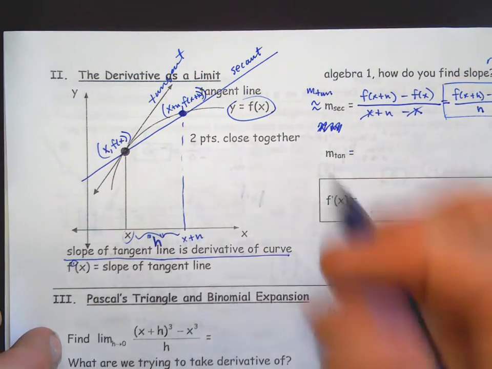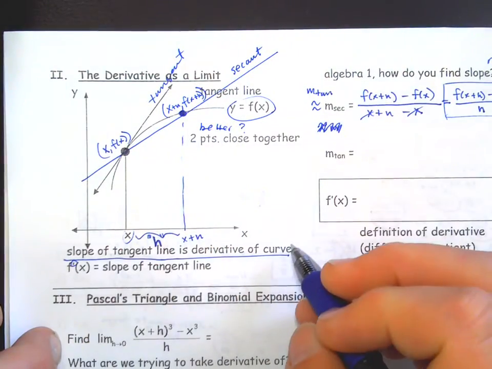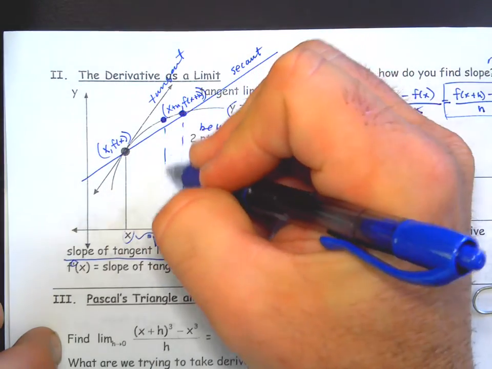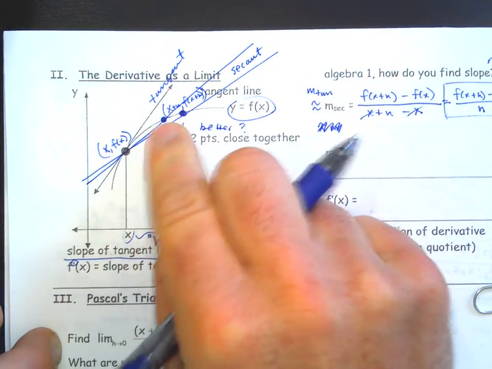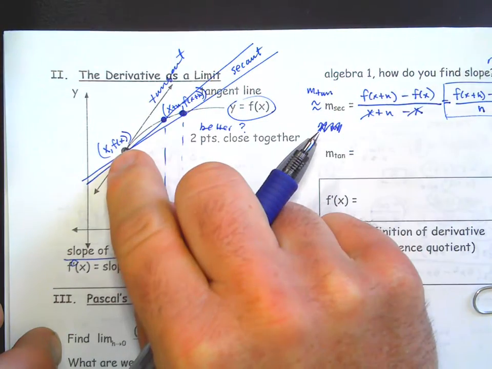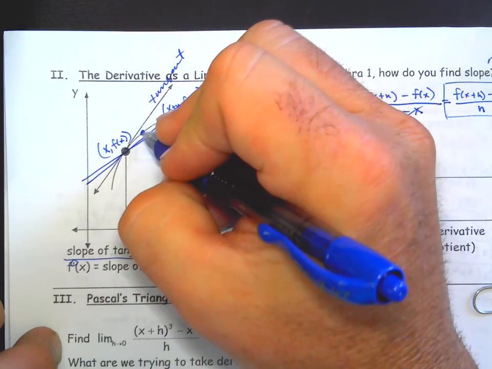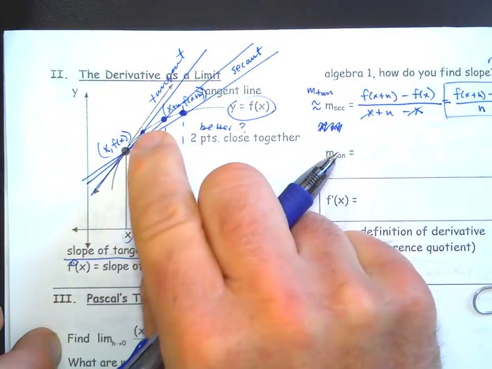Okay. How could we make it better? We can move the two points closer to each other, because if I move this point to here and we draw that secant line, isn't that slope going to be better than the previous one? Isn't that one going to be closer to the one we're looking for? Yes. And if we move it even closer and we do that secant line, well, that one's going to be even better than the last one.